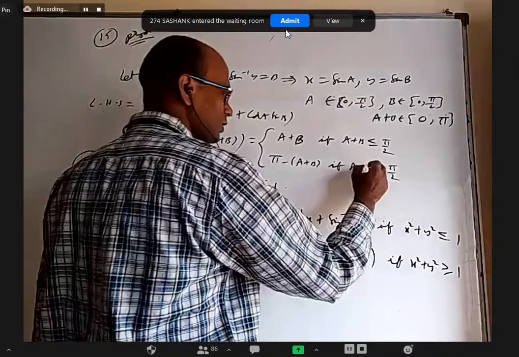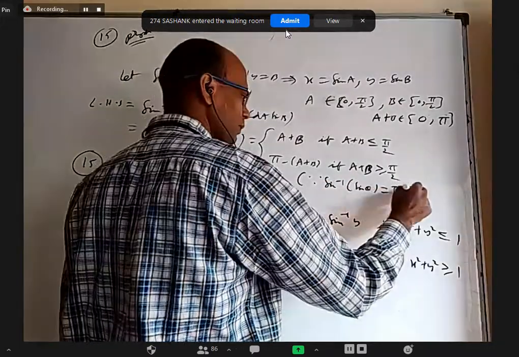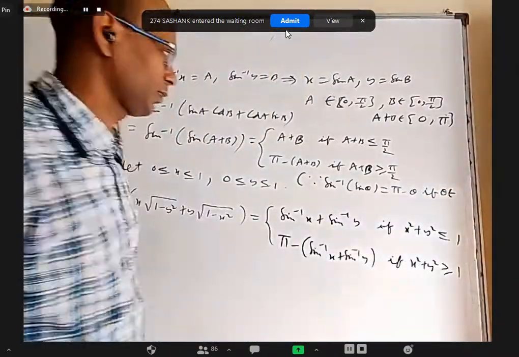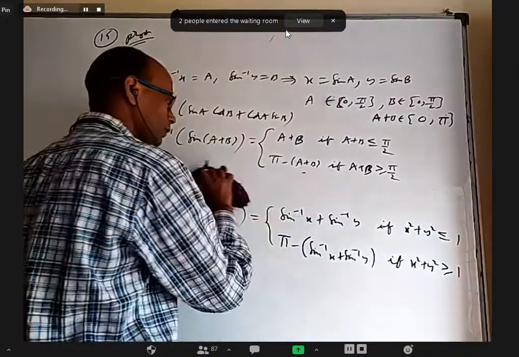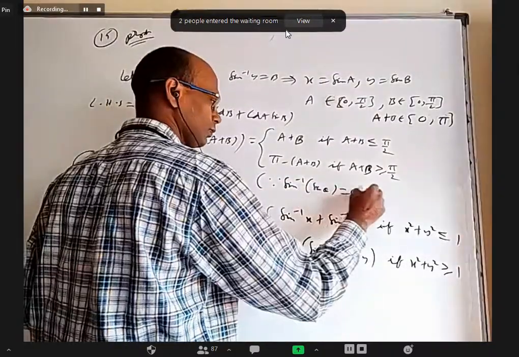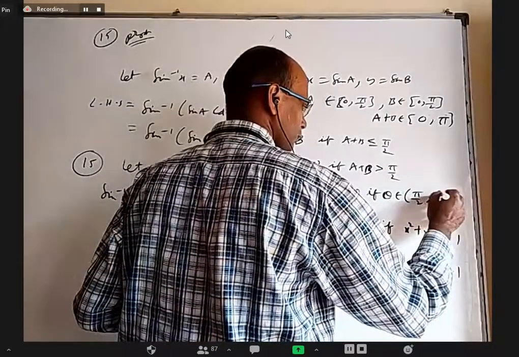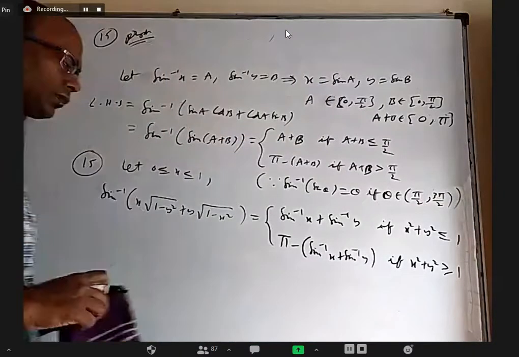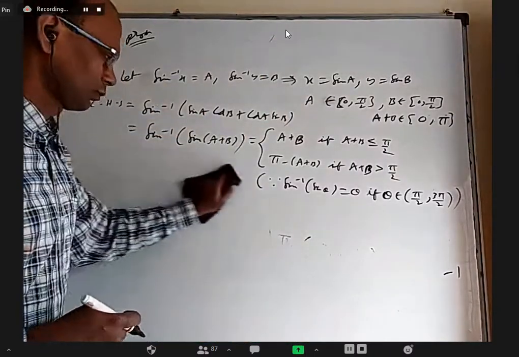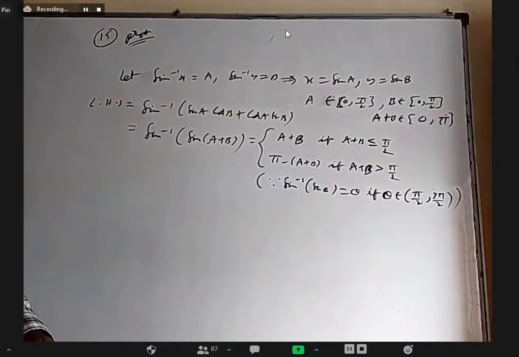The second part is based on the formula sine inverse sine theta is equal to pi minus theta if theta belongs to pi by 2 to 3 pi by 2. You can easily understand this.